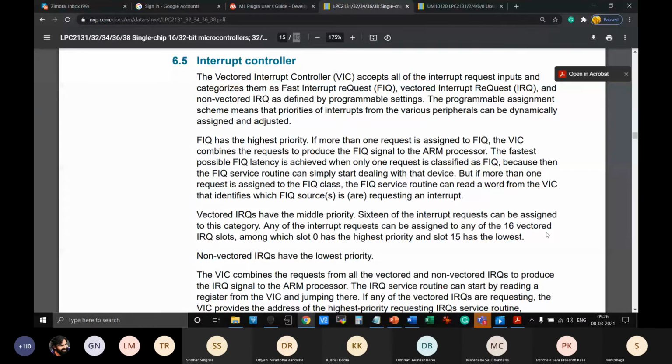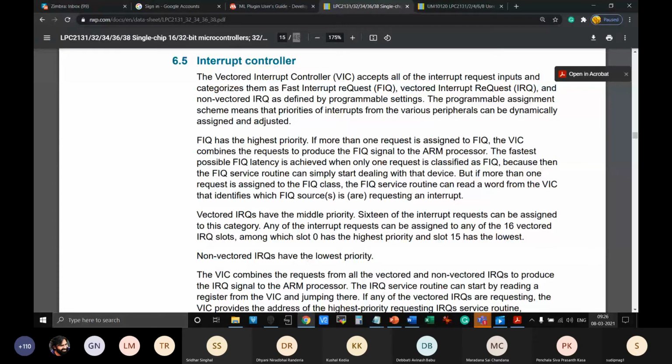If you remember, earlier we talked about hardware interrupt and software interrupt with 8051, right? A hardware interrupt is some pin which is generating an interrupt. A software interrupt is some software value which is generating an interrupt to the microcontroller.